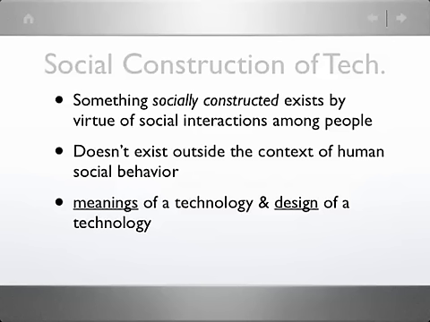Different people at different times, in different time periods and different cultures, may have different meanings for a technology. And the way that a particular technology evolves may cause it to have a different design in different areas of the world. The one example that Nye talks about in relation to this is the evolution of electrical systems in different parts of the world.